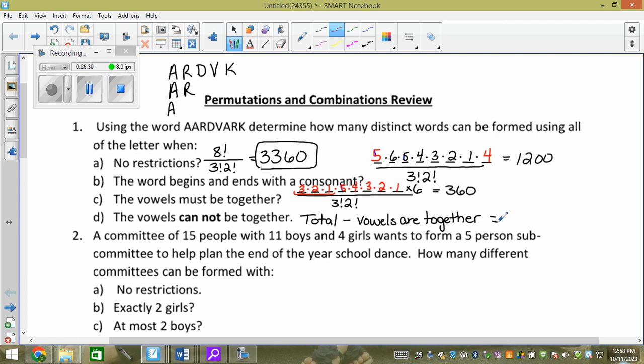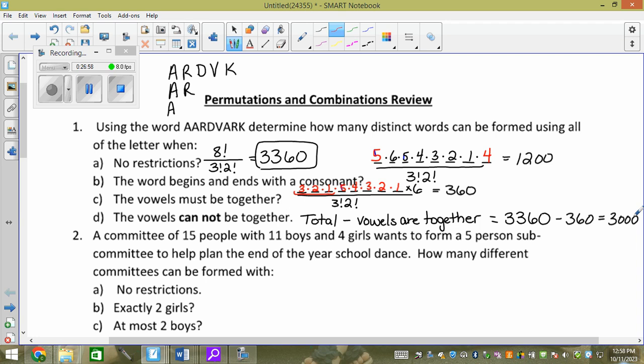The total is 3,360. That's the absolute max number of different words I can make from aardvark. Then 360 words have the vowels together, so I subtract that off. What's left over are the words without the vowels together, which is 3,000. You did the hard work in A and C already.